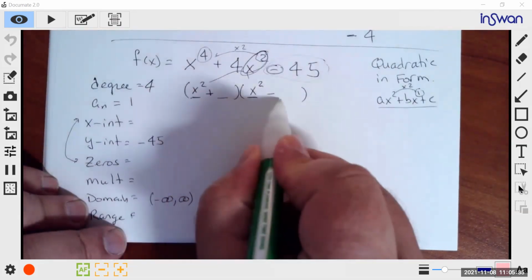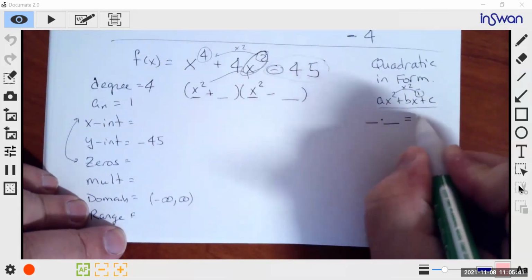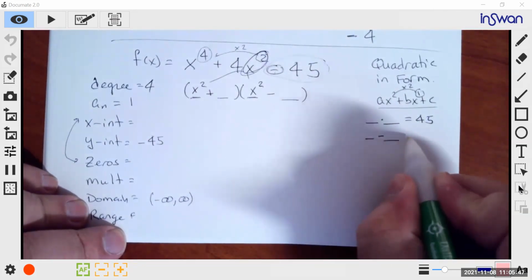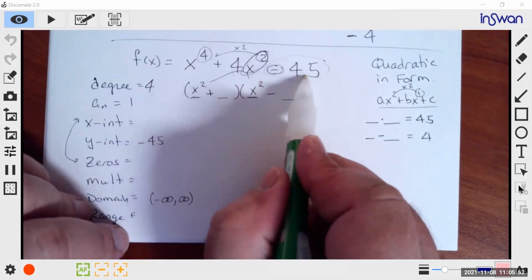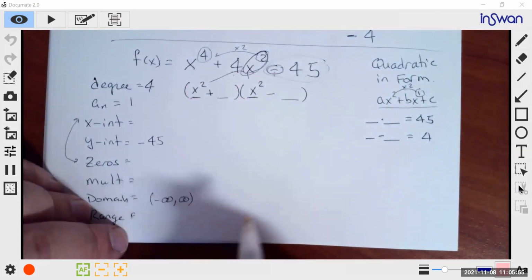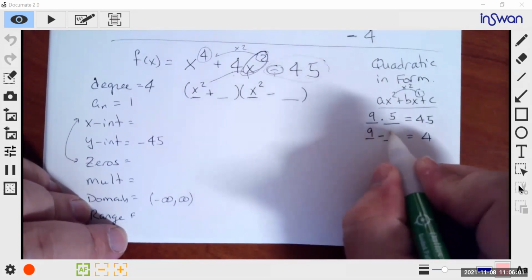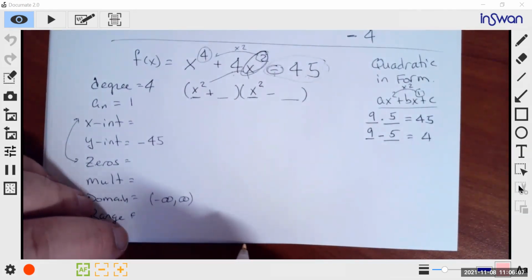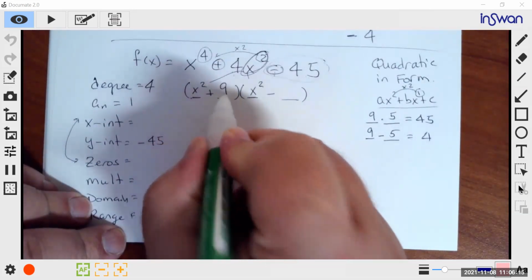So to find the numbers, we have to find what times what equals 45. When we subtract them, we get 4 with the middle term. 9 times 5 is 45. 9 minus 5 is 4. So it's 9 and 5. Where does the 9 go? Yeah, because this is plus, the bigger number gets the plus.